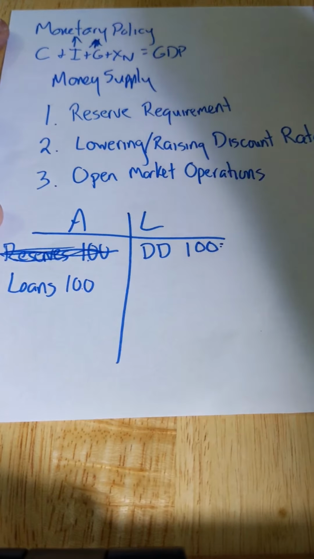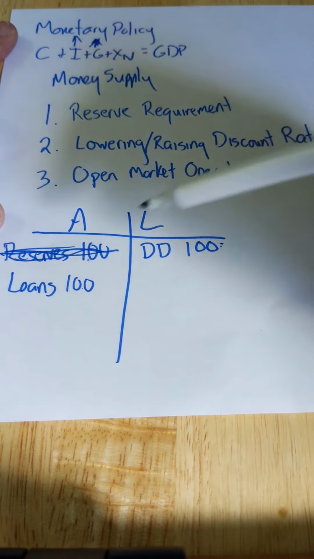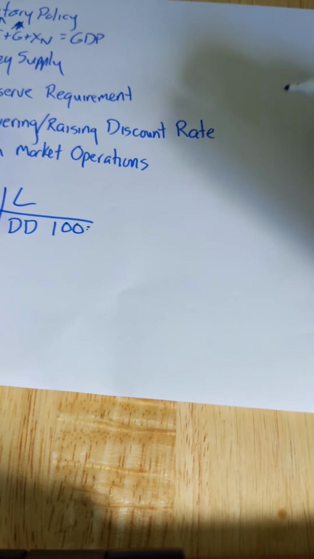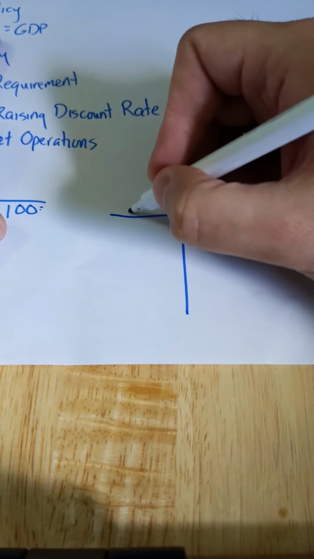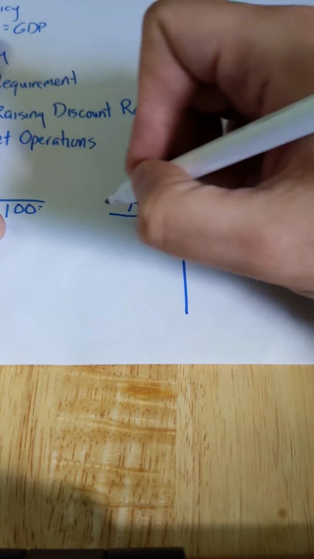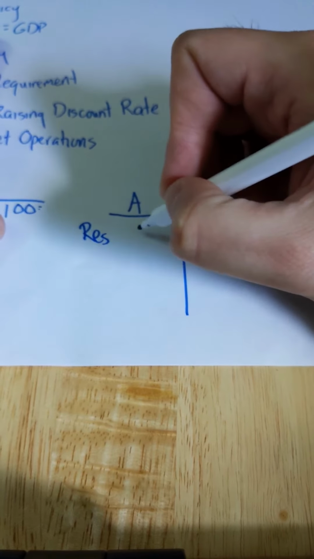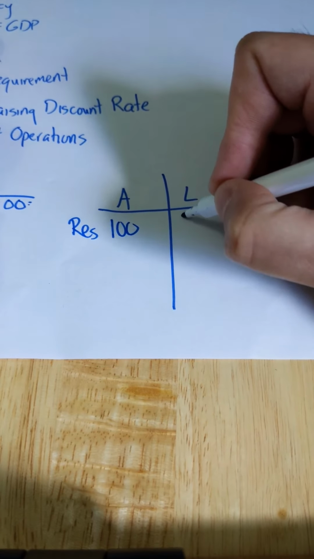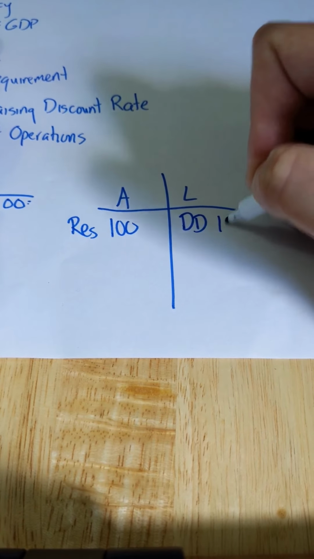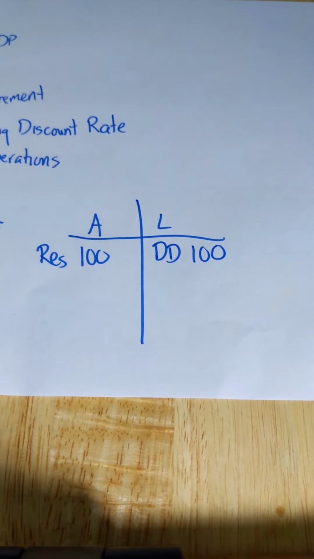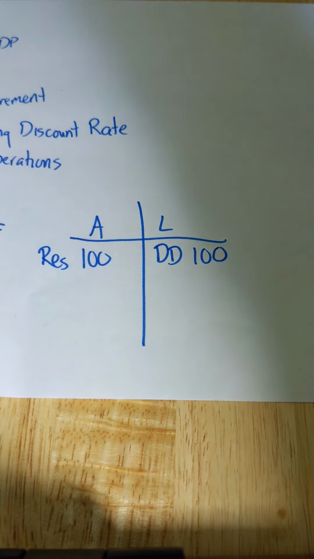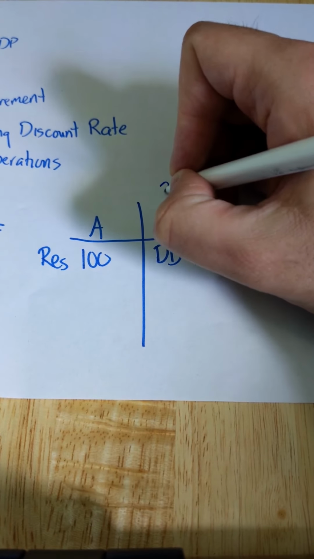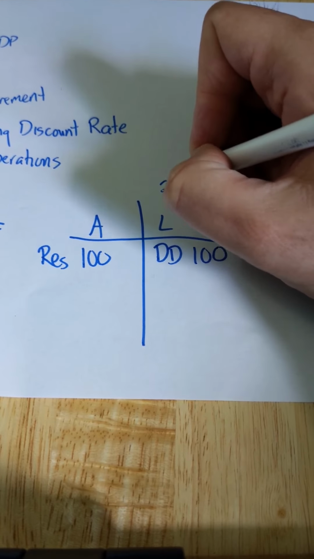So anyway, they set the reserve requirement. They tell banks, listen, bank, if you have $100 in demand deposits, in other words, that's other people's money, we expect at any given time for you to keep 25% of that.